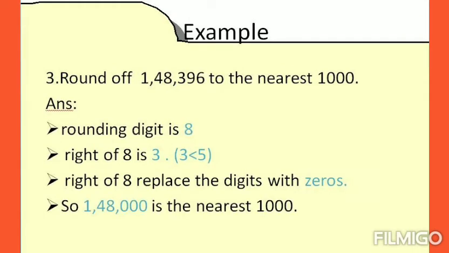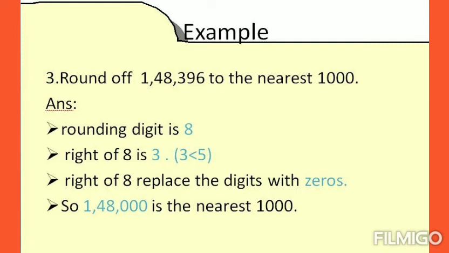Here is your third example. In this we are going to round off the number 1,48,396 to the nearest thousand. It's a very big number, no? Anyway, we have to apply the same rules. Here the number is 1,48,396. As we are rounding the numbers to the nearest thousand, the rounding digit is at the thousands place.